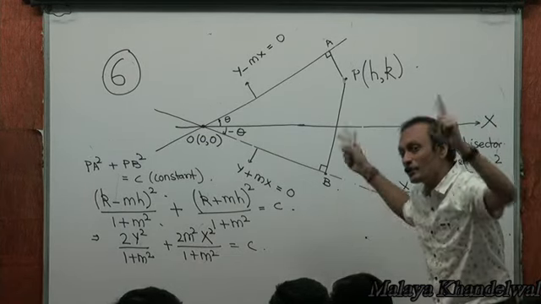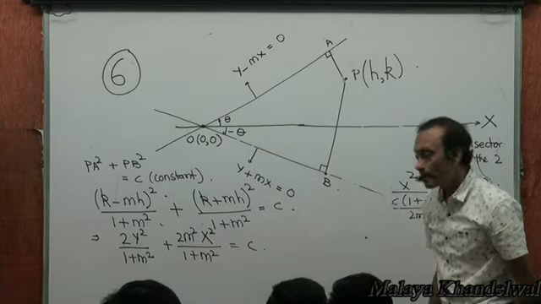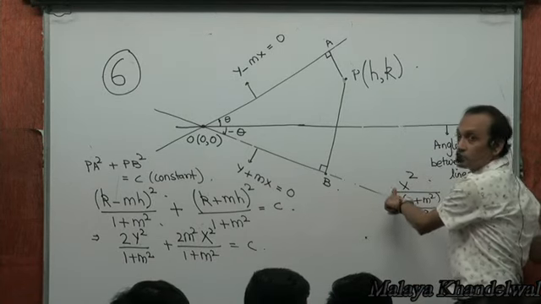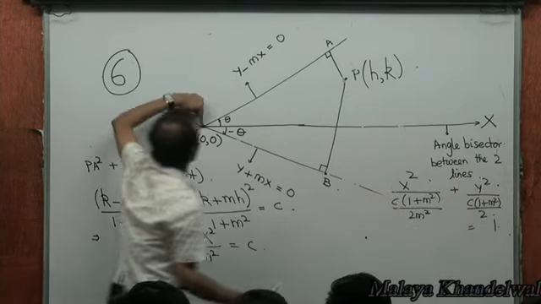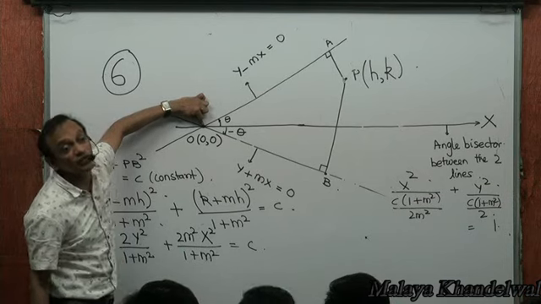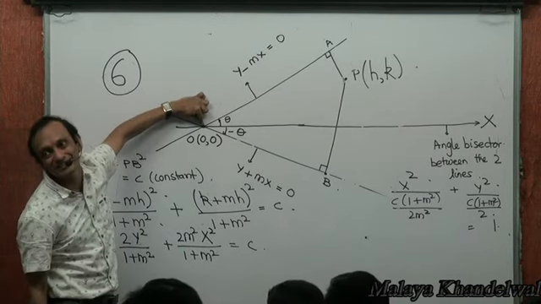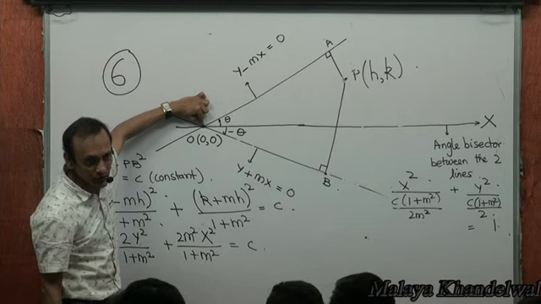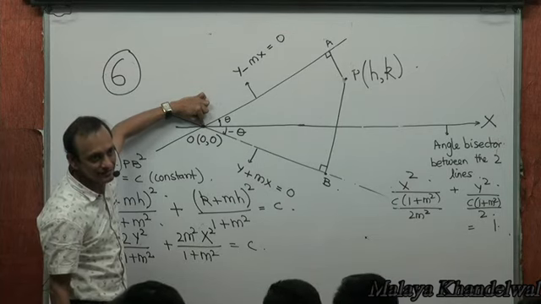For every ellipse, you can find such a pair of lines. And this is an ellipse with center 0, 0. That means this is an ellipse whose center coincides with the point of intersection of the two lines. Right?